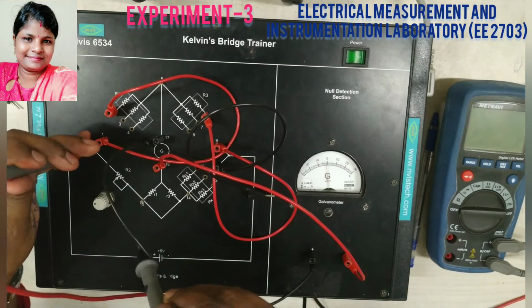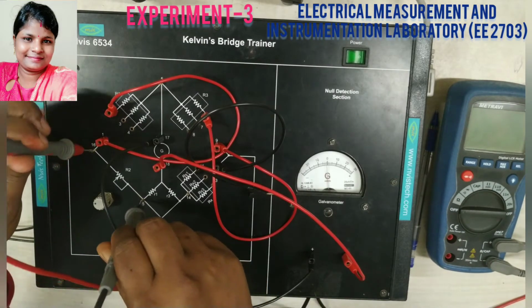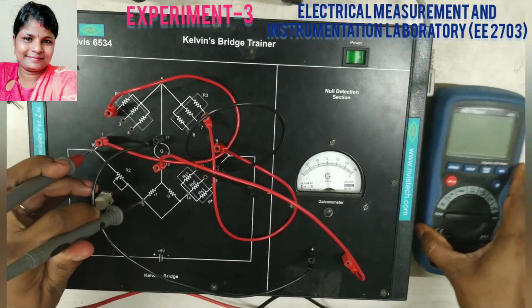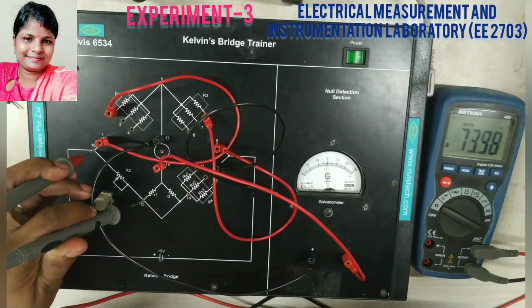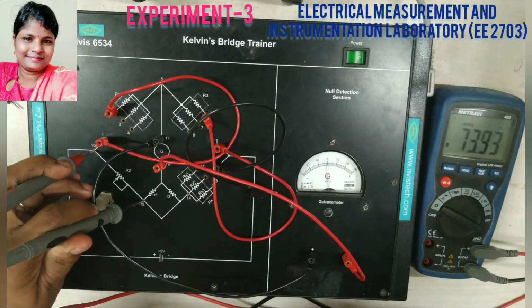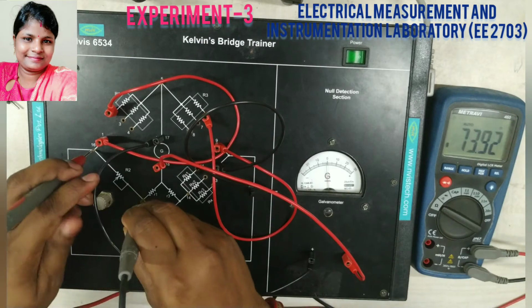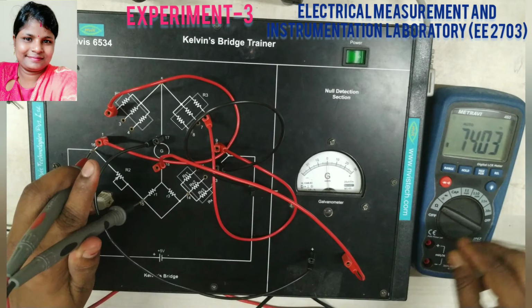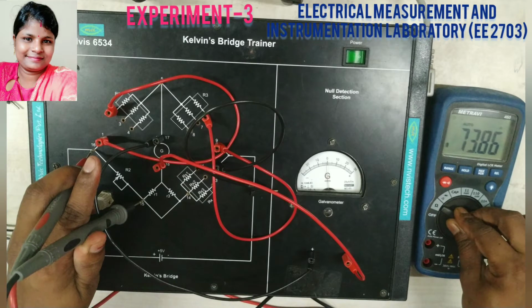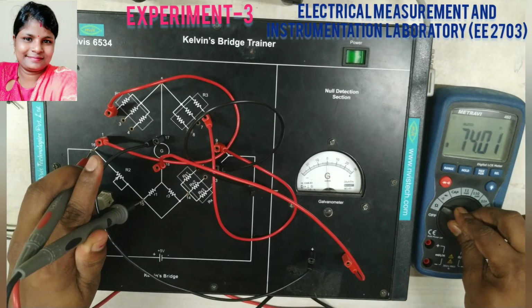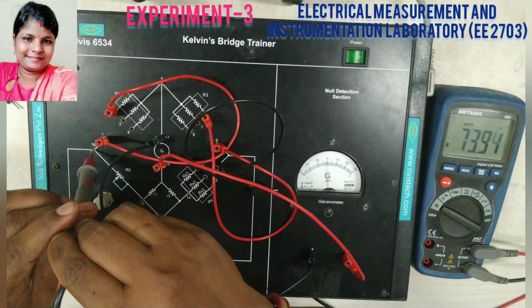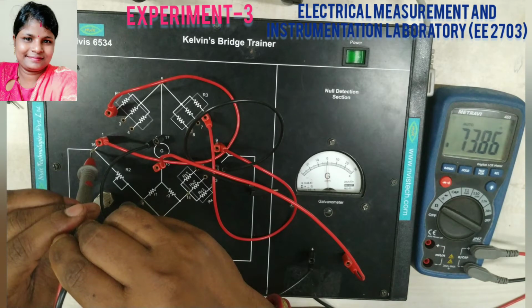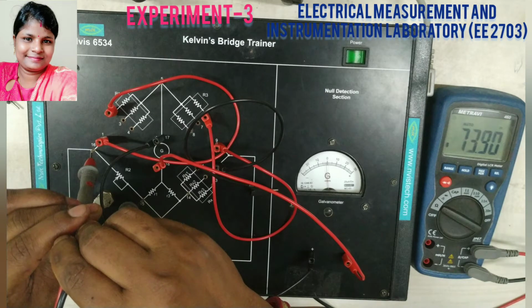Using the multimeter from terminals 15 and 16, take the value of potentiometer R2, that is 74.